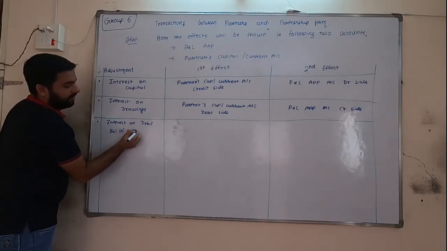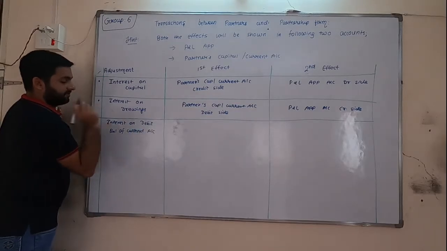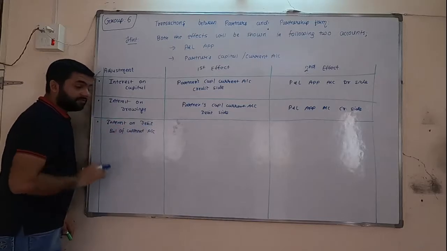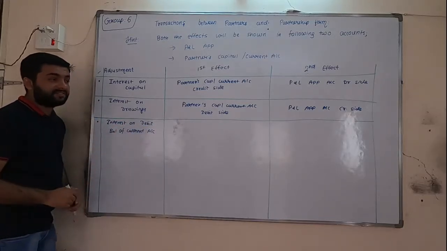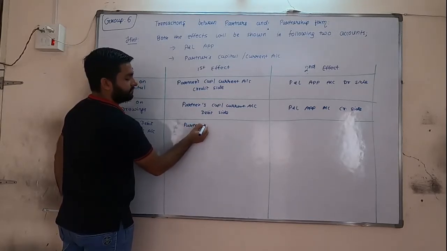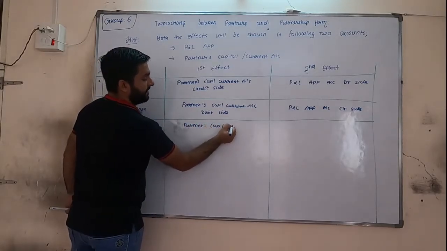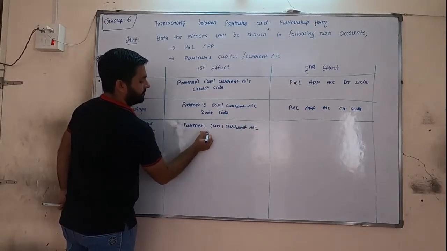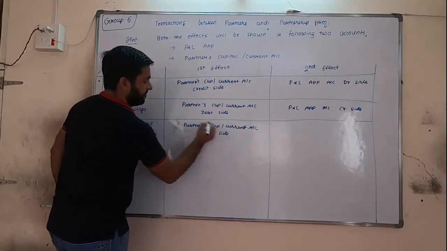debit balance of current account. Again, interest on which balance? Debit balance. Debit balance is on debit side, so first effect will also be on debit side. Partners capital or current account debit side. Why debit side?